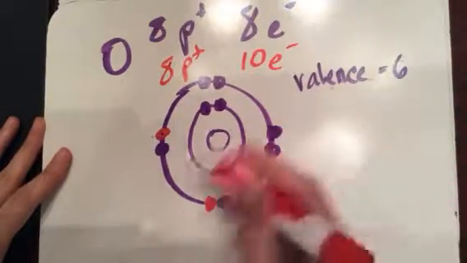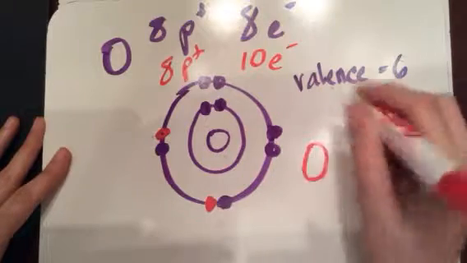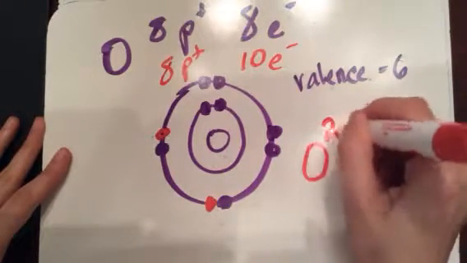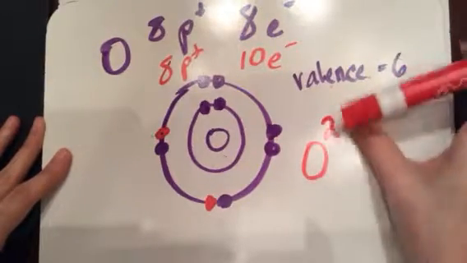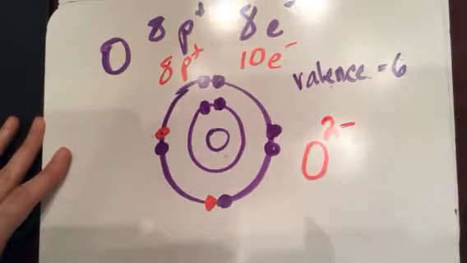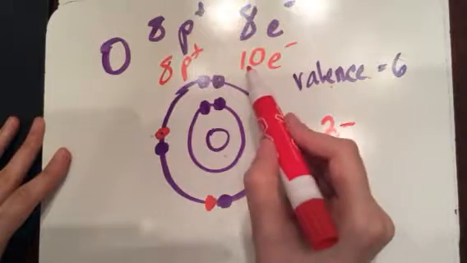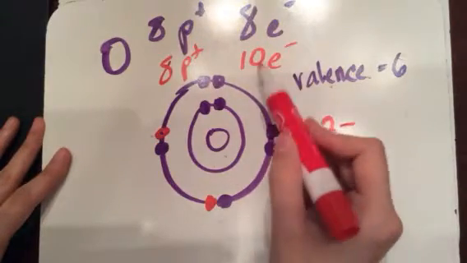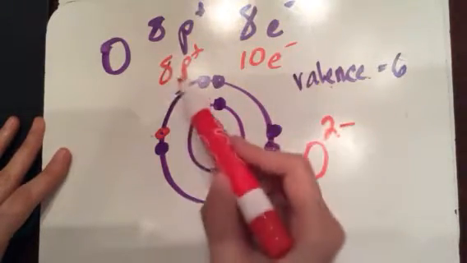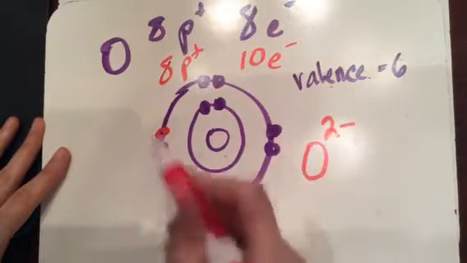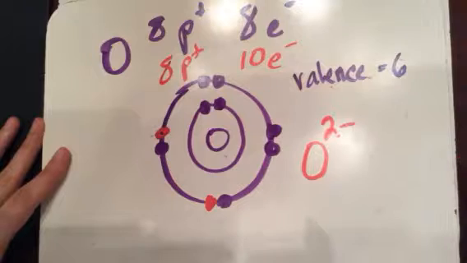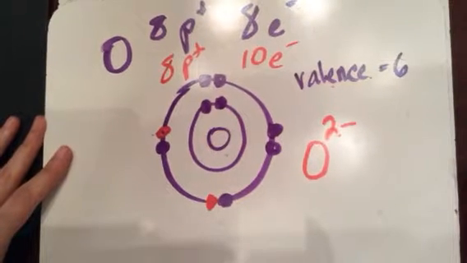So now this oxygen has a charge, and the way we would write that is O2-. The reason for that is it has 2 more negatively charged particles than positively charged particles. So when you have a very stable oxygen like this, it has a charge of -2.